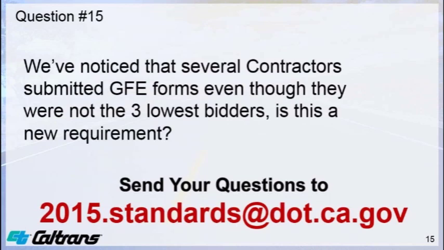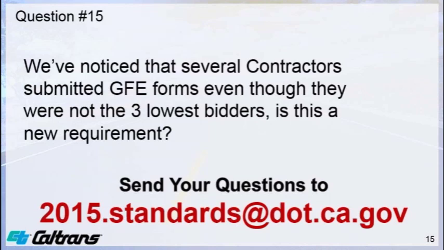Question 15. We've noticed that several contractors submitted GFE forms even though they were not the three lowest bidders. Is this a new requirement? The Section 2 standard specifications are similar between the 2010s and the 2015s.